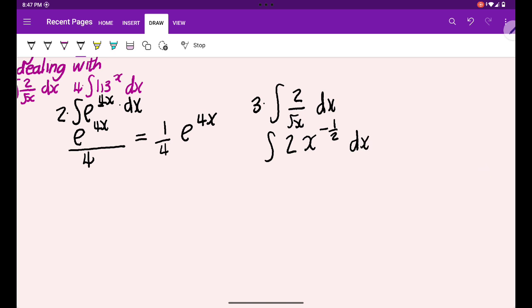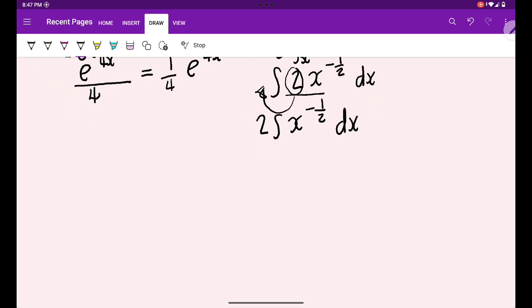One of the rules of integration says that if you have a coefficient of x being a constant, you can take the coefficient to the other side of the integral sign. So take the 2, write the integral sign. Now you only have x to the power of negative 1 over 2 left, right?